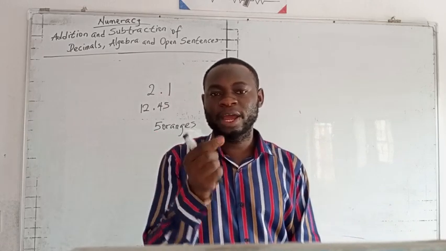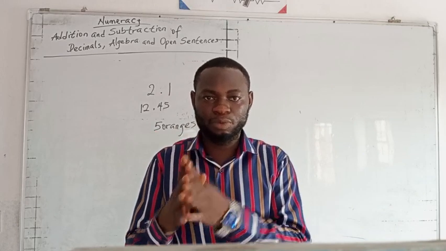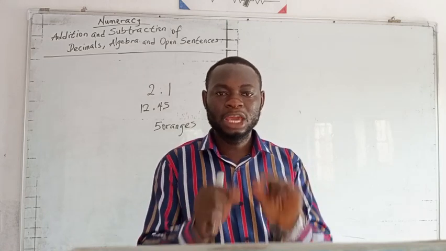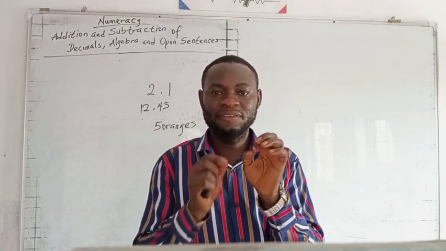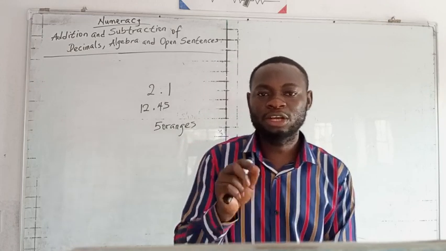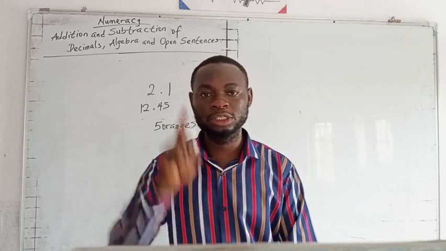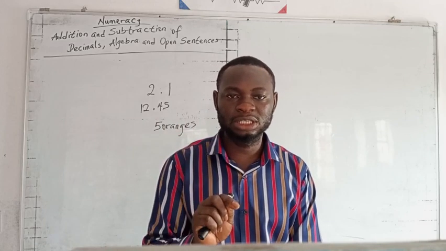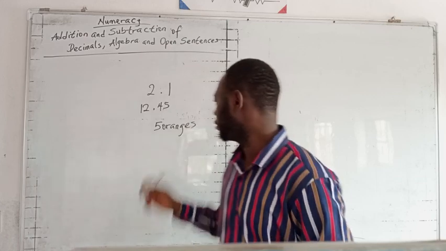Since an algebra is a math statement that has a constant and a variable, what is a constant? Now, a constant is a quantity that has a value that does not change. In other words, a constant is a quantity whose value does not change.